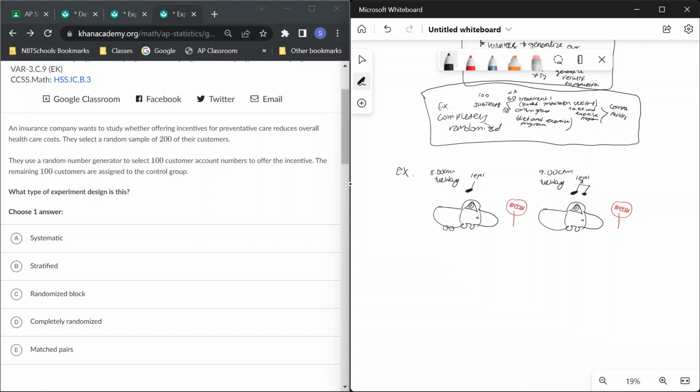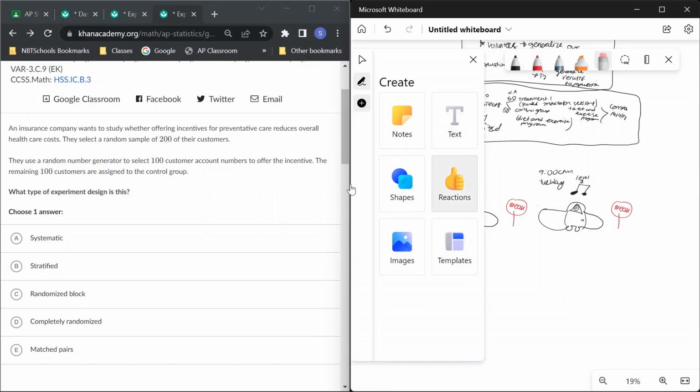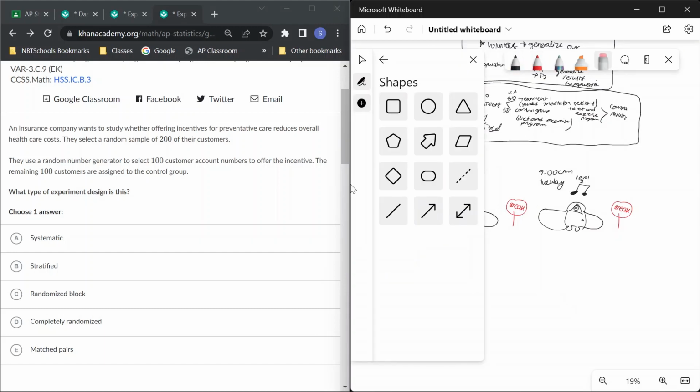Oh my god, how horrifying. Can we add a shape? How can I add a shape? Shape, square.